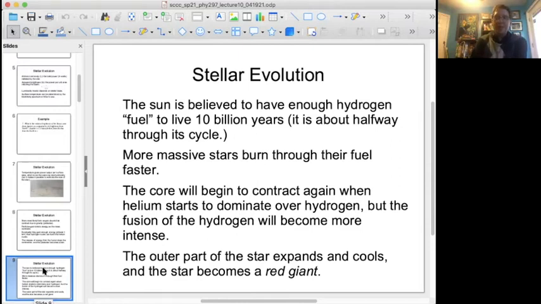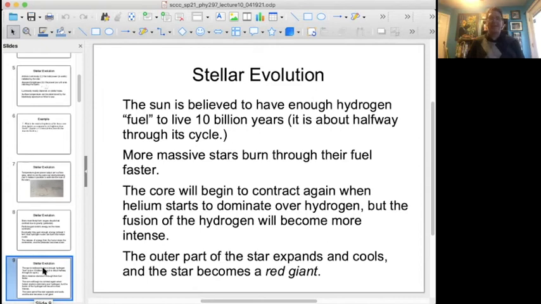More massive stars burn through their fuel faster. When the helium starts to dominate over the hydrogen, after enough fusion has taken place, the core will begin to contract, but the fusion will become more intense. So the core contracts, but the outer shell expands and cools, and the star becomes a red giant.